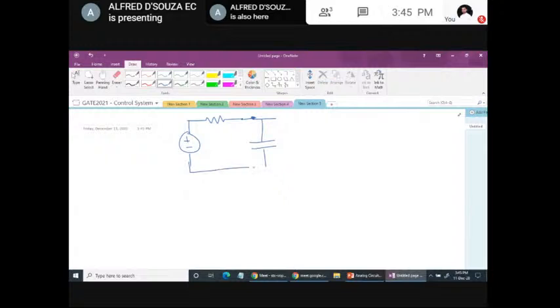You don't have to do this derivation, but you should remember this. It's very basic, fundamental. So this is C, this is R, this is a constant voltage Vs. I'll transform this circuit to the Laplace domain. The Laplace transform of a constant is constant by S.